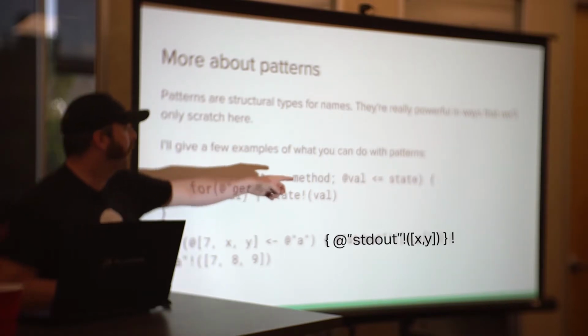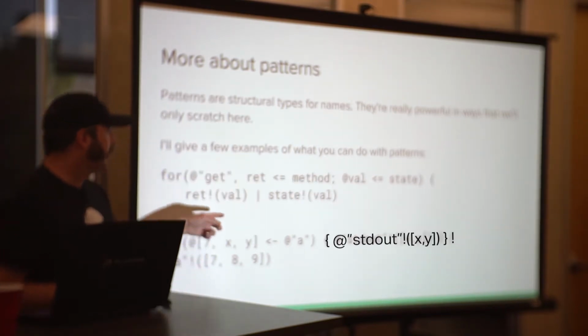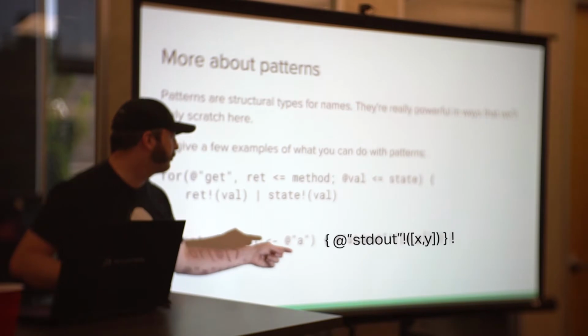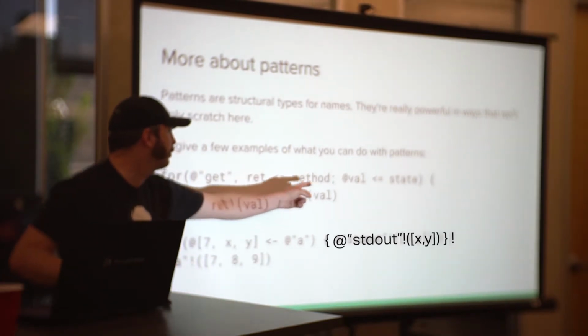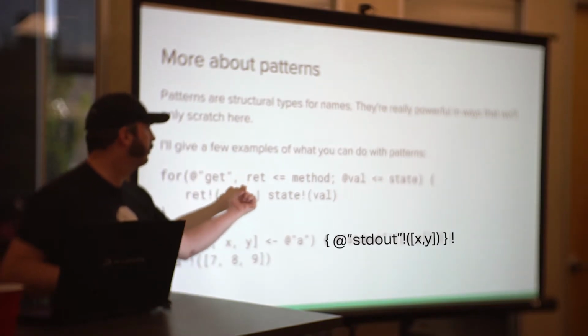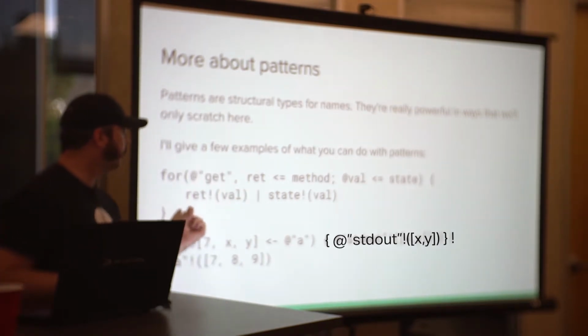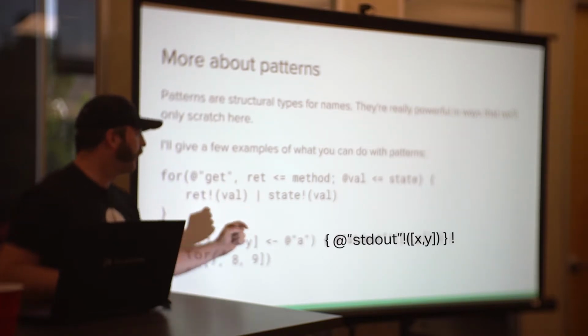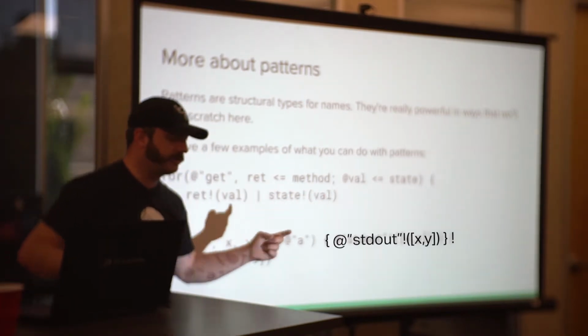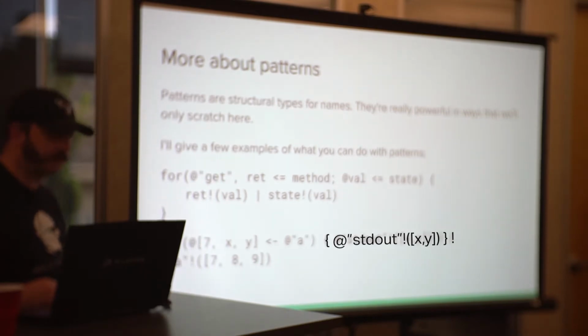Basically, we have some channel state. We're going to read the value from state whenever someone sends on the method channel the string get and a return channel, and we're going to write whatever was on the state channel to that return channel, and we're also going to put the state back because we like to clean up after ourselves.